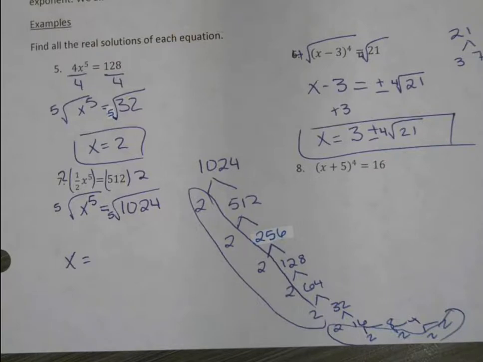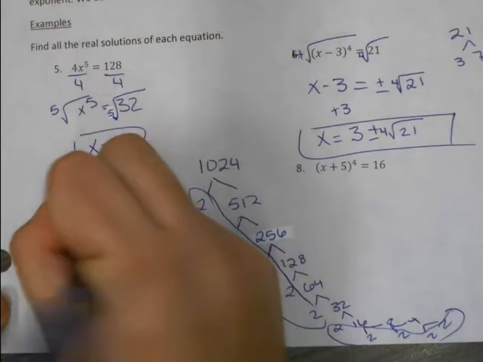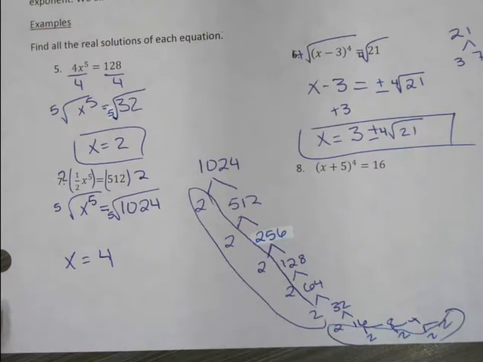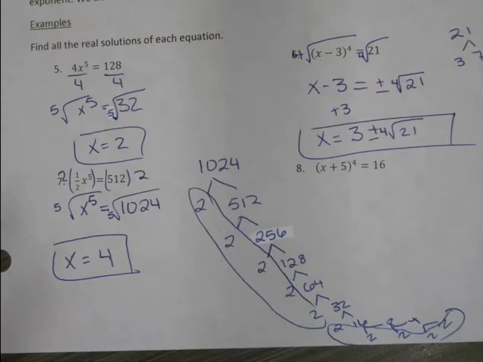I have 2 groups of 2. 4. You multiply them because they're both groups. Any other questions here?